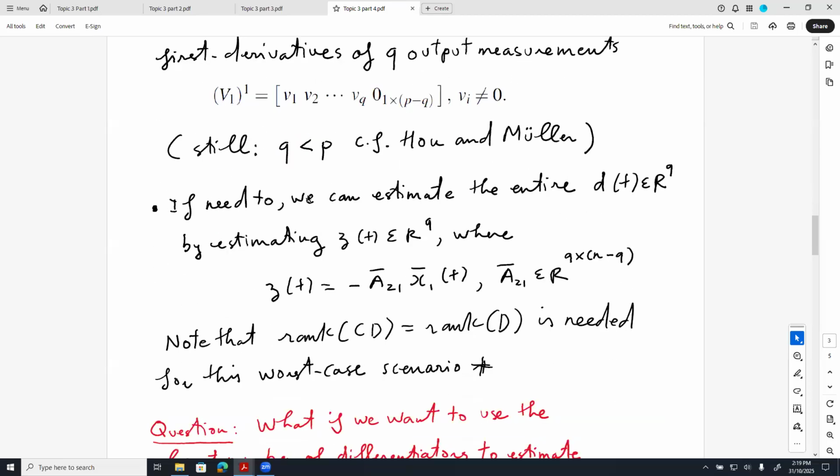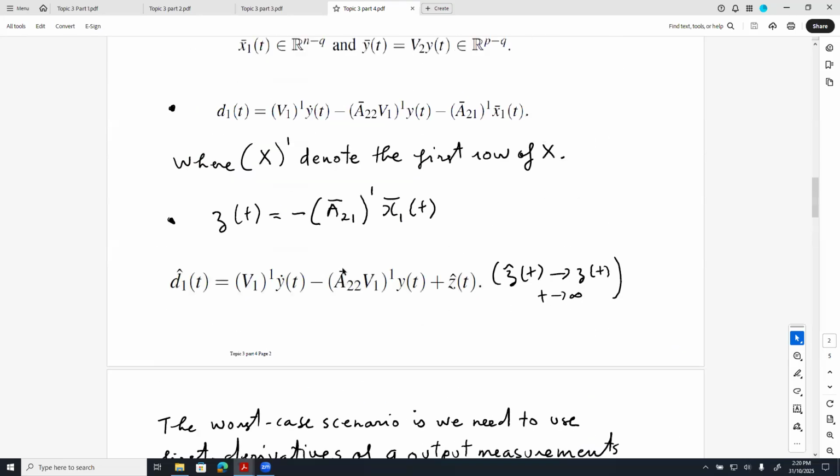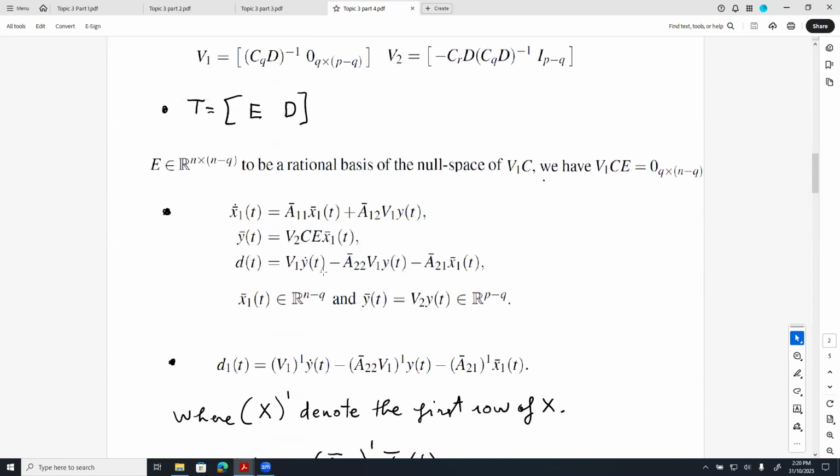On the other hand, if we want to, we can estimate the entire unknown input d(t). The reason for that is because in our decomposition, which we obtain in here, is the entire unknown input vector. And out of that, we have d1 of t up to dq of t.